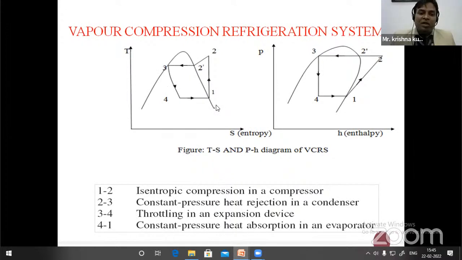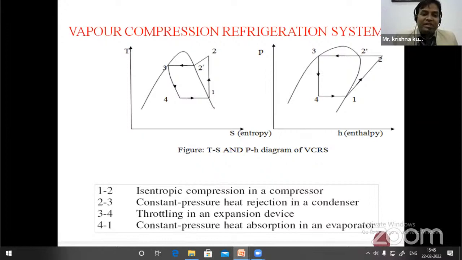So here, in a similar fashion, 1 to 2, this process is compression, generally called isentropic compression. Then 2 to 3 is called the constant pressure heat rejection in the condenser. Then process 3 to 4 is called the throttling process in the expansion device or in the capillary. 4 to 1 is called the constant pressure heat absorption in the evaporator.